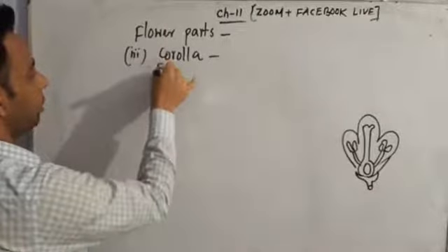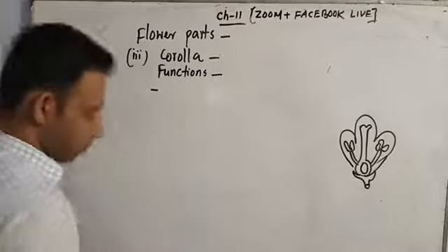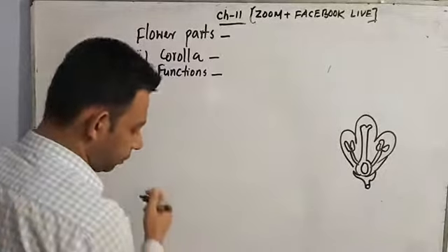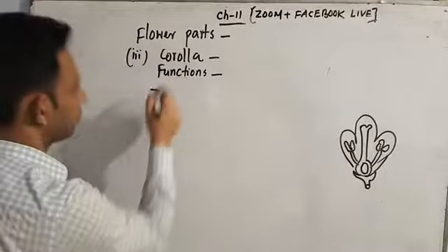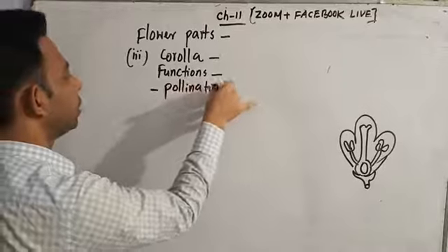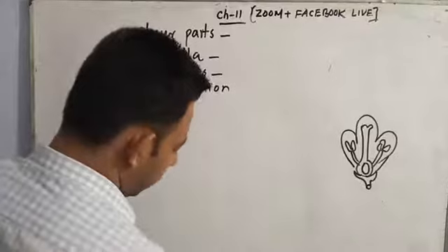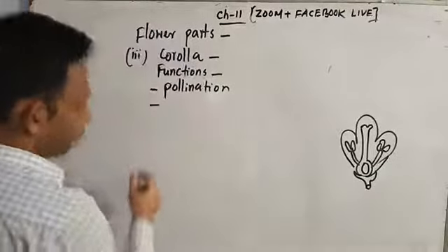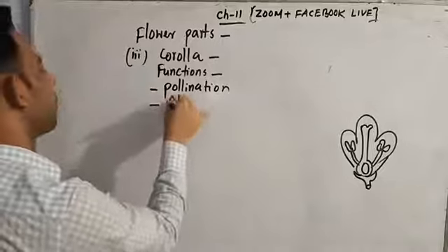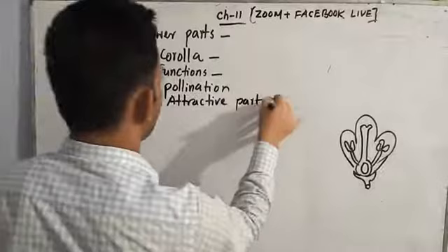Functions. Some functions of the corolla: pollination is an important function of the corolla. Attractive part of the flower.